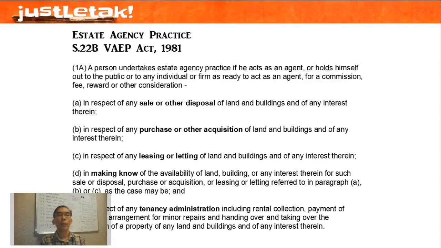A person undertakes real estate agency practice if he acts as an agent or holds himself out to the public or to any individual or firm as ready to act as an agent for a commission, fees, reward, or other considerations.